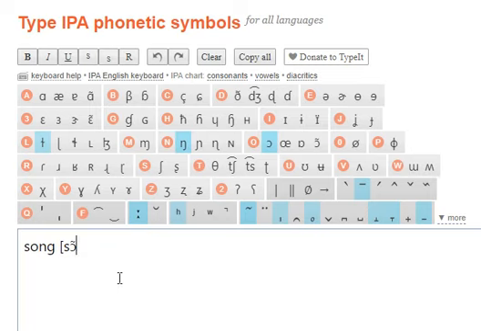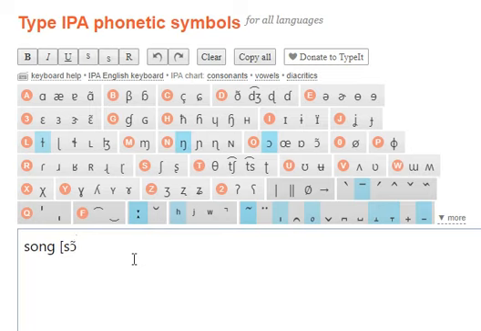Another rule that I need to apply in this word. What is that rule? Vowel length is the next rule that I'm going to apply. What is the symbol for vowel length? This one, right? But when do we need to apply the vowel length rule?